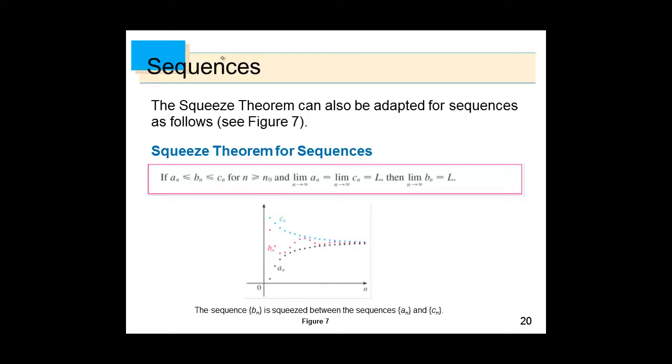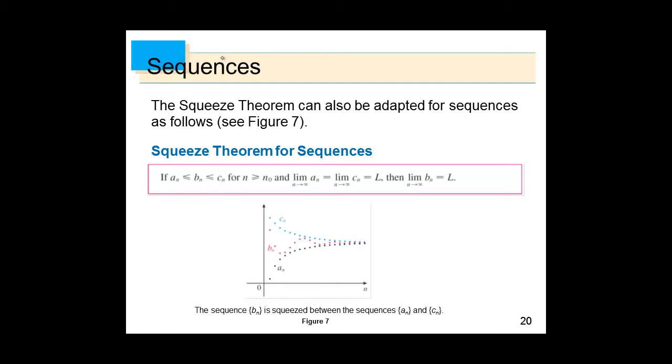And these inequalities hold for any n bigger than n0. It means that these inequalities may not hold starting from 1. Maybe the first 10 or 100 terms of the sequences don't follow this order.